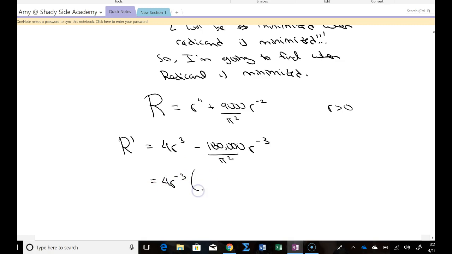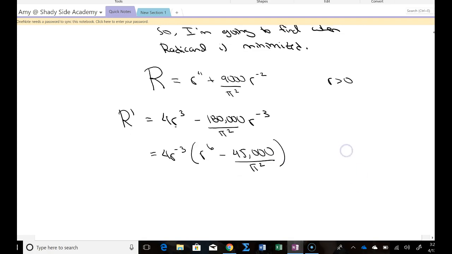Remember this trick? This leaves me with r to the sixth minus 4 into 180, which becomes 45,000 over pi squared. Yes, I love that. Okay, so here is R prime unfactored, and here's R prime factored.